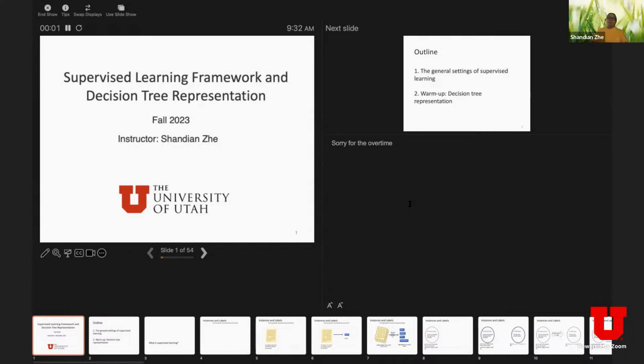So naturally, we can view all possible news articles we want to tag as the so-called instance space. Right? So what does instance space mean? It's just a collection of all possible instances you want to classify. And accordingly, all possible labels, you might use them to tag your instance.